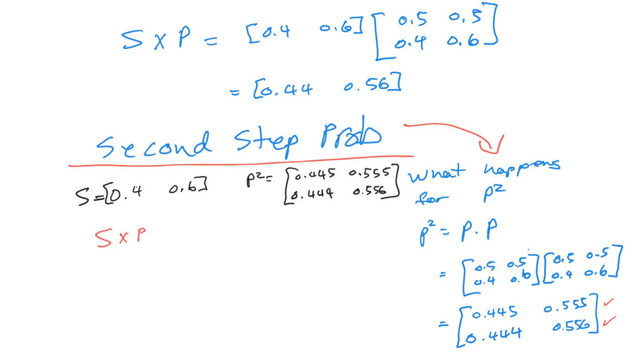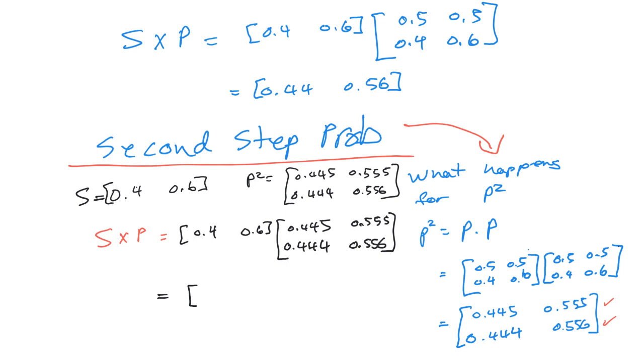So it's kind of like S times P squared, which is going to equal this: 0.4, 0.6 times the quantity of P squared, which is 0.445, 0.555, 0.444, 0.556. When you do your computations for multiplying these two matrices, you'll notice that they are going to work for multiplication because this one has the same number of columns as this one has rows. So we're going to get another matrix, but our final matrix is going to be a one row by 2. Okay, so here's what we get.